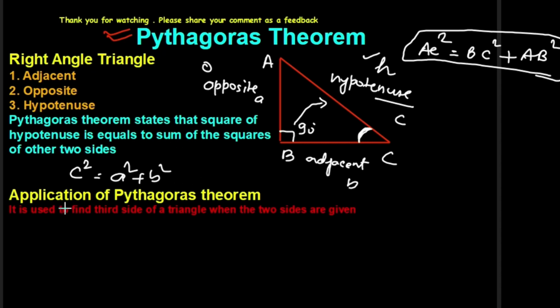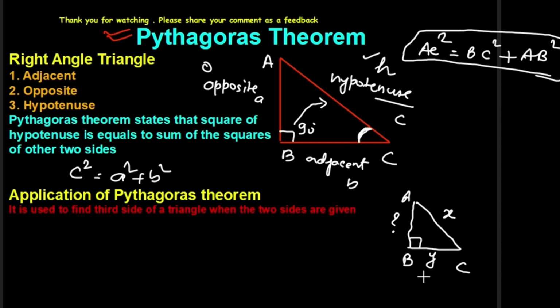Now where can we use the application of the Pythagoras theorem? It is used to find the third side of a triangle when any two sides of the triangle are given. Suppose I take one example with A, B and C, with the angle at B. This value is X, this value is Y, and they are asking what is the value of this one.